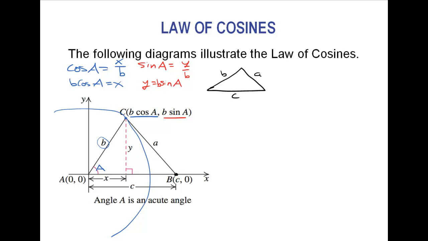So this point right here, that's B, remember, because the angle is always opposite the side, so this is angle A, and this is angle C. We know that this point here, the point B, is a distance of C from the origin, so there's its coordinates, C comma 0.